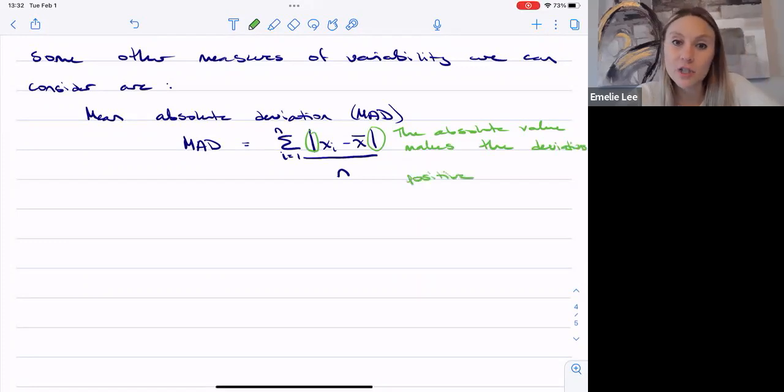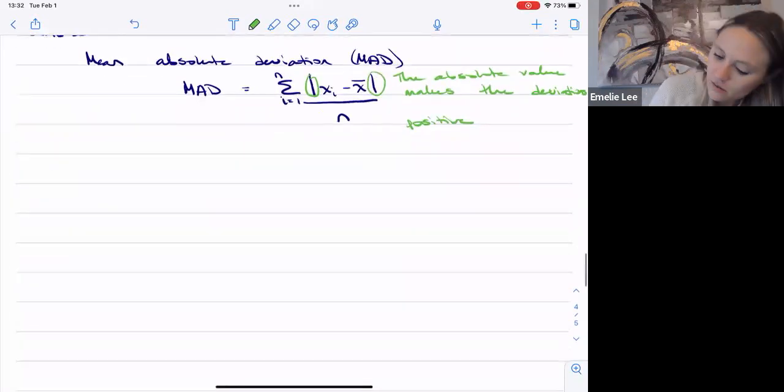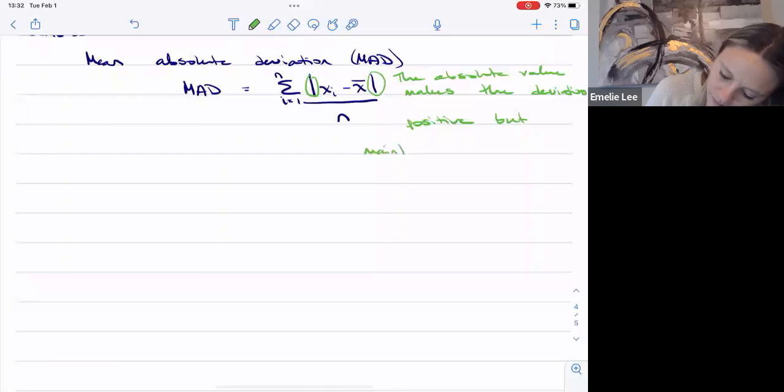Okay, but it doesn't change the magnitude. Unlike the squaring, if I square something, then something twice as large becomes more than twice as bad, right? And so, but it maintains the magnitude.